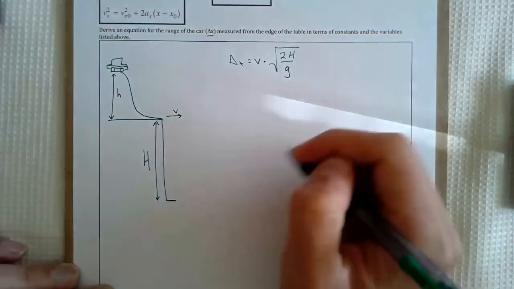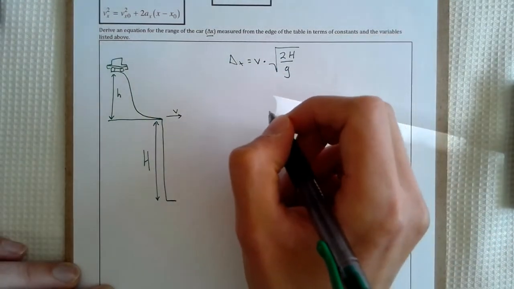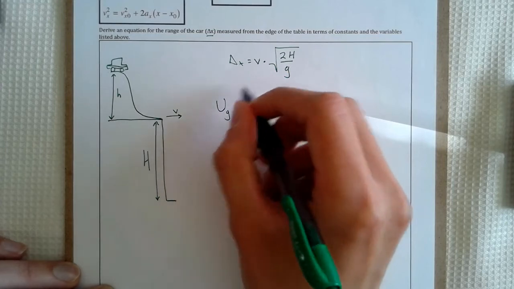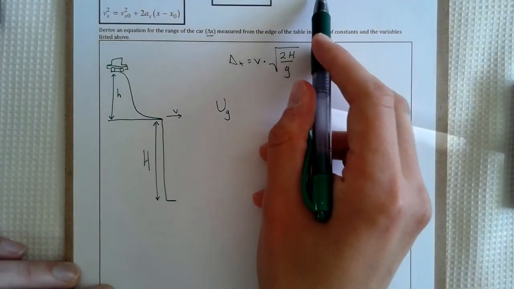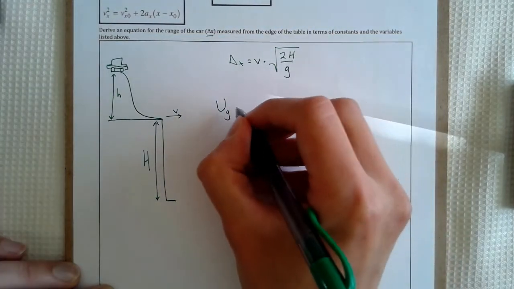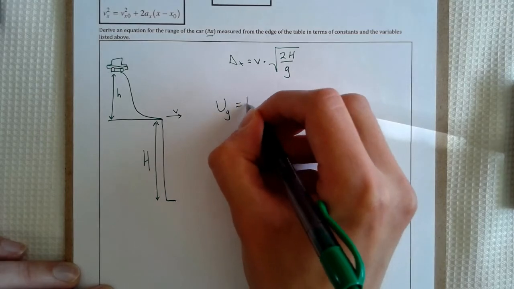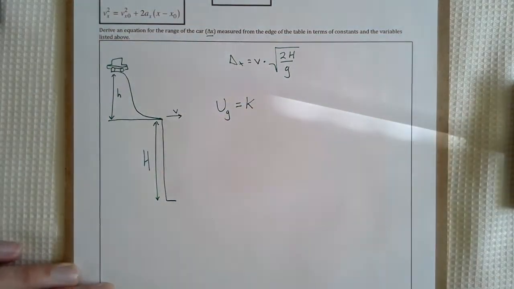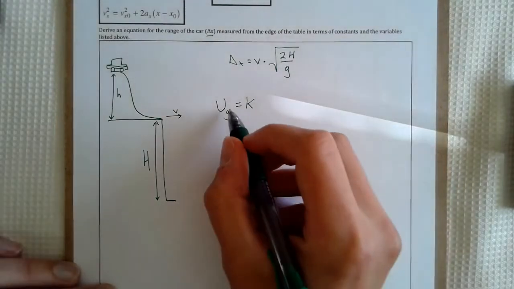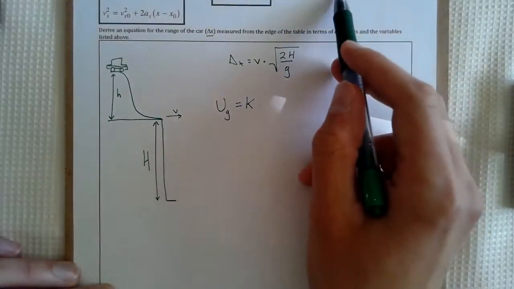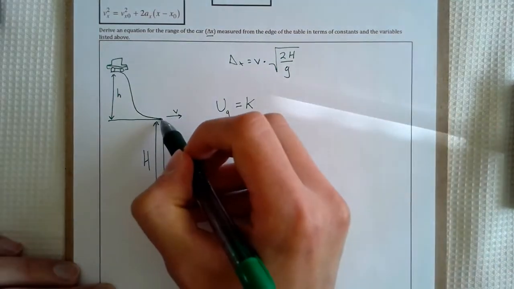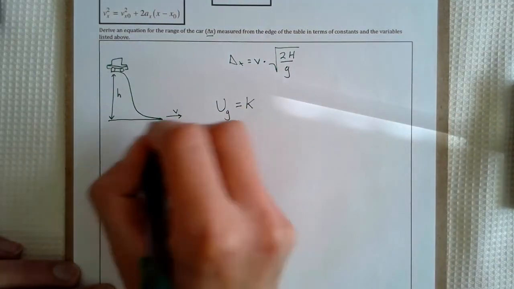So we're starting with gravitational potential energy. I guess the AP equation sheet likes the symbol U for that, sub G for gravitational. And that is going to get converted into kinetic energy, assuming we don't lose any to friction or heat or anything else like that. So this is just going to be mg delta y for our gravitational potential above our 0 point, which we're going to define here.